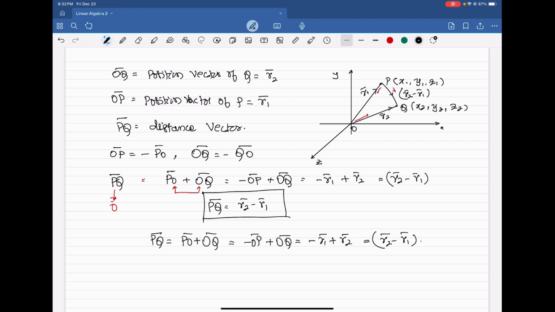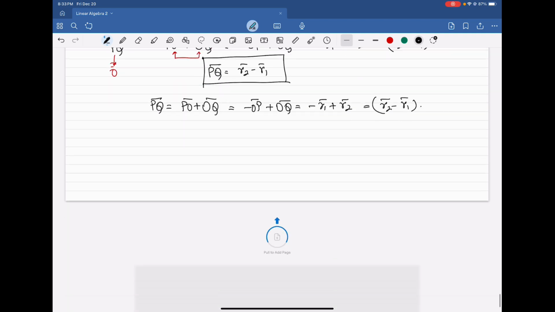This is the result. Simple. And once you know PQ, you can get OP, OQ, QO and PO also. In this method, you can find out the position vector and distance vector.